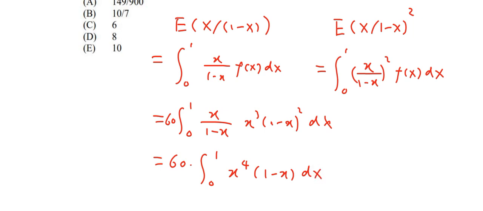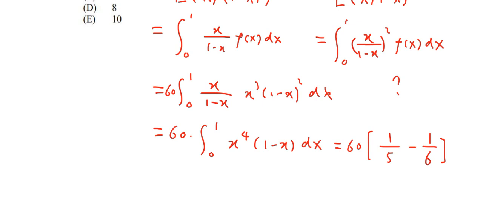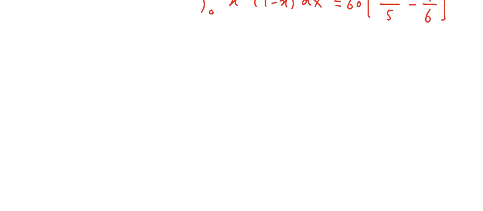So this equals 60 times (x^4 minus x^5). x^4 integrated is 1 over 5, and x^5 is 1 over 6. For this part, the same way, so we can easily find the variance.